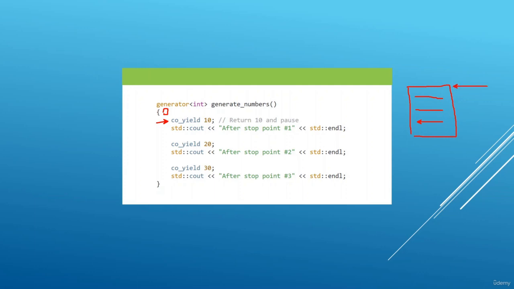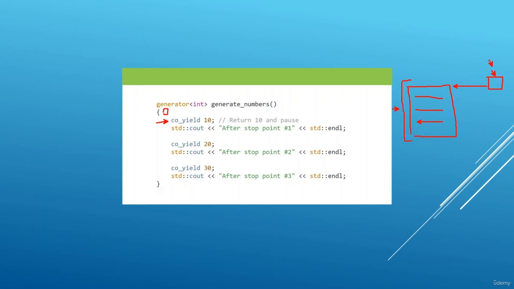And another piece of information again is going to be the coroutine handle that we're going to be using to resume execution. Don't forget this. And this is going to be our program. When we co-yield, we're going to return the 10 here, and we will be able to use this in our C++ program. And the state of this function is going to be stored somewhere on the heap.